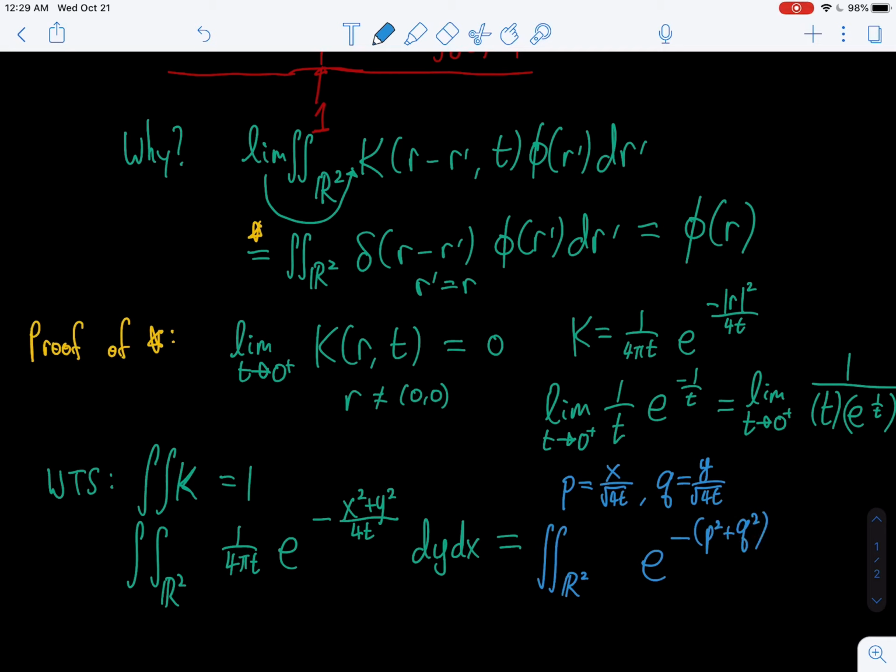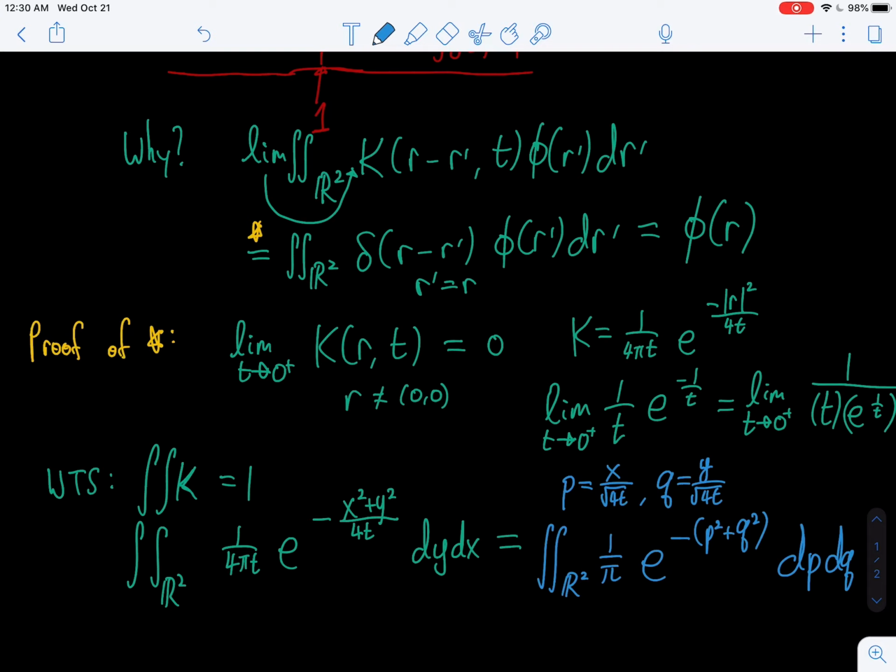So that simplified a lot. But then we have to find dp as well as dq, but that would be 1 over 4t, right? So that cancels with the 1 over 4t over there, and all we have left is 1 over pi, right?